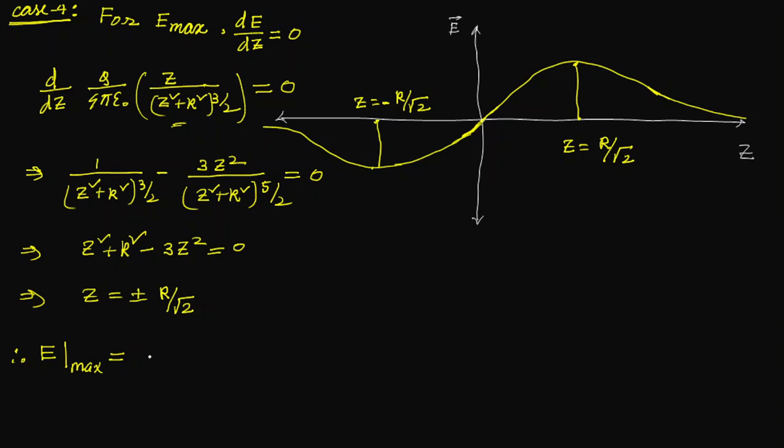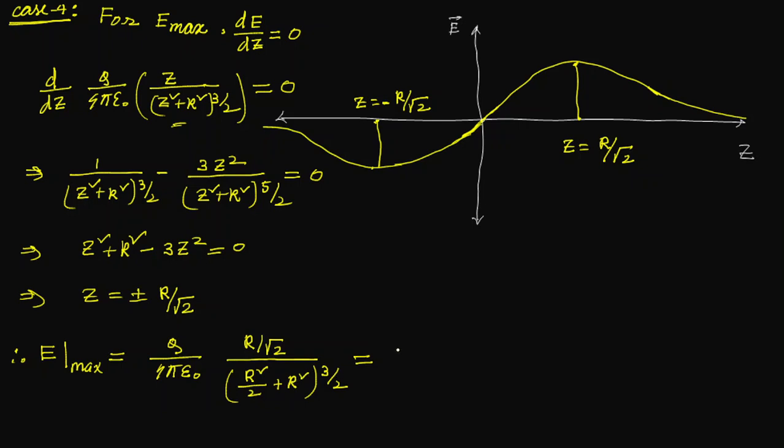So when you put Z equals R by root 2, what we get is Q divided by 4 pi epsilon naught, and then Z equals R by root 2. So R by root 2 divided by (R square divided by 2 plus R square) whole to the power 3 by 2, and this will give you 3R square.